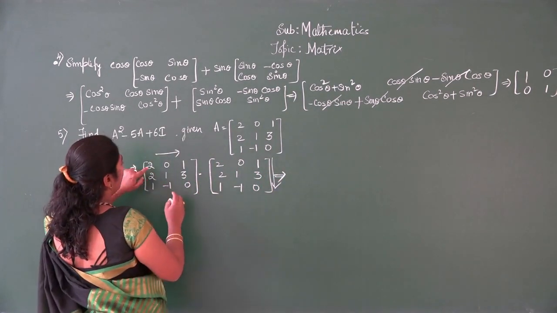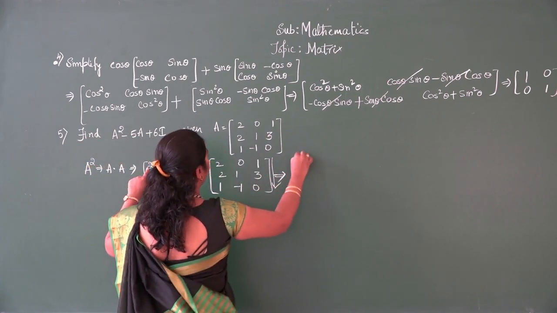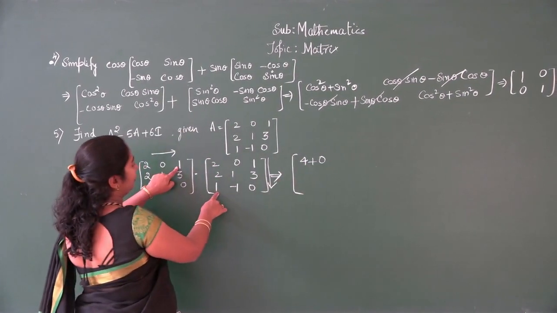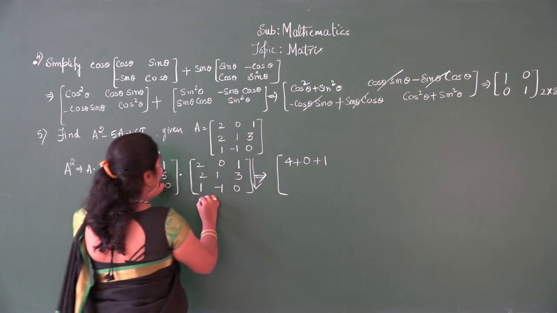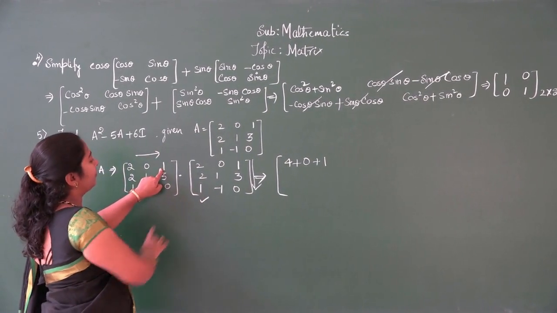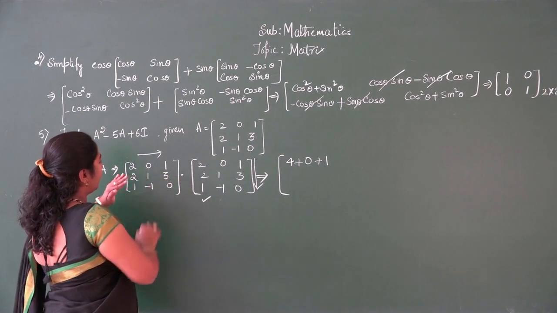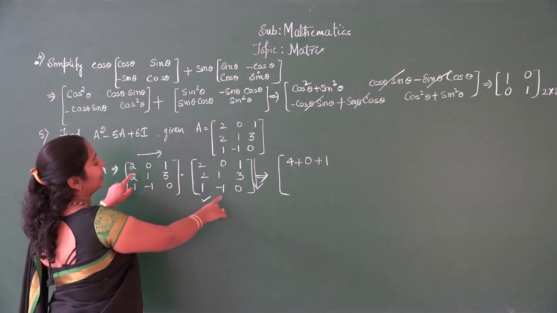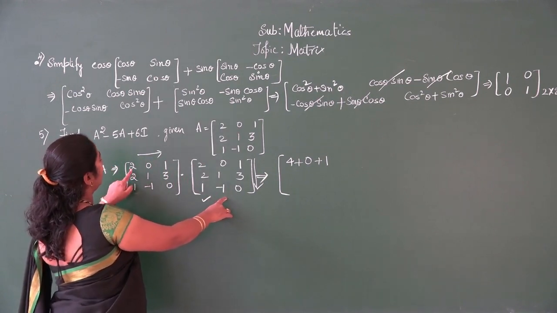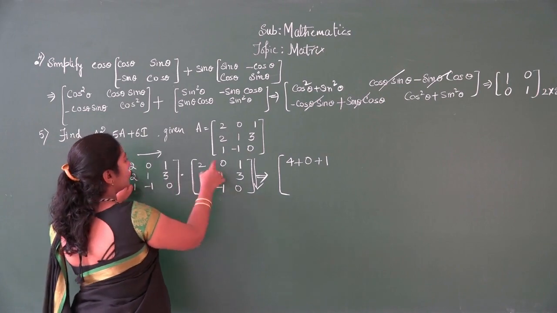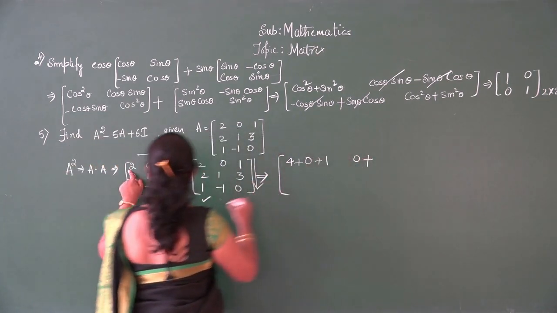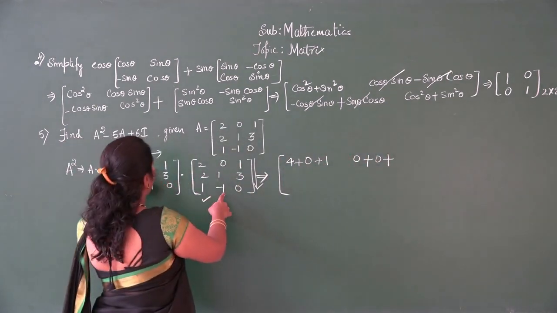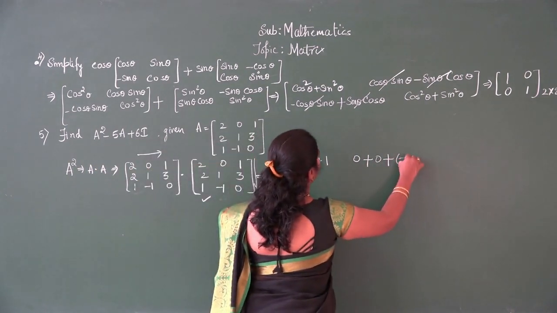You will multiply the corresponding elements only. So to begin with, 2 into 2 is 4, plus 0 into 2 is 0, plus 1 into 1 is 1. We finished off with the first column. Similarly, we move on to the second column. Do not touch the other rows until we finish the first row with all the columns. For the second column, 2 into 0 is 0, plus 0 into 1 is 0, plus 1 into minus 1 is minus 1.